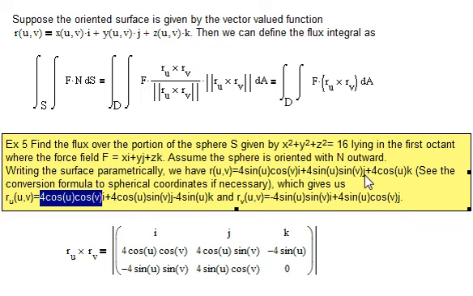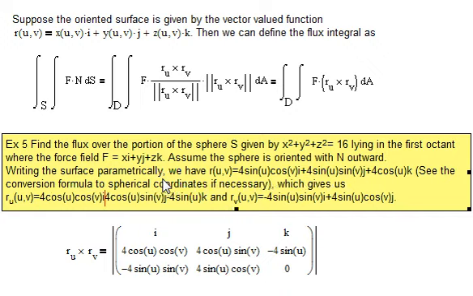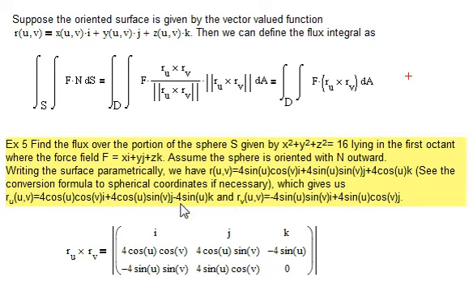Then 4 sine v is a constant, so we get 4 sine v times the derivative of sine, which is cosine, so 4 cosine u sine v j. And the derivative of cosine is negative sine, so negative 4 sine u k.